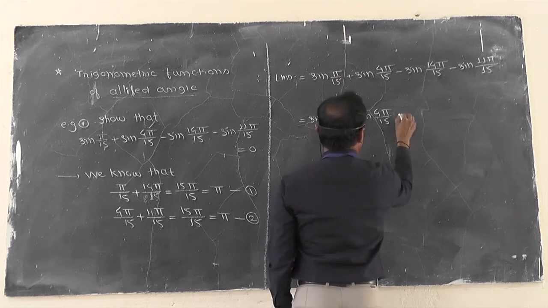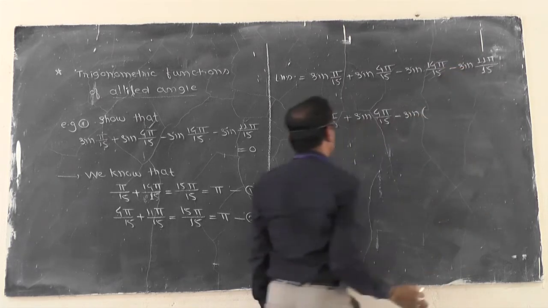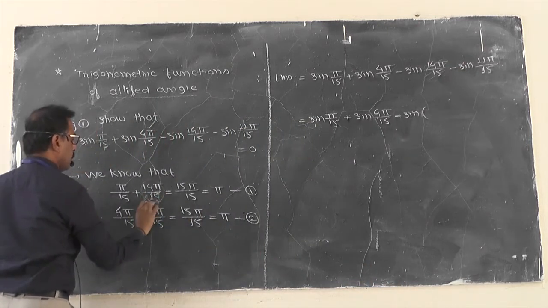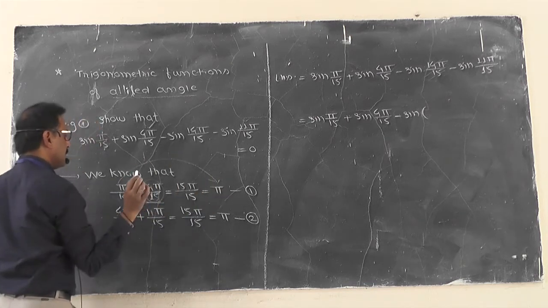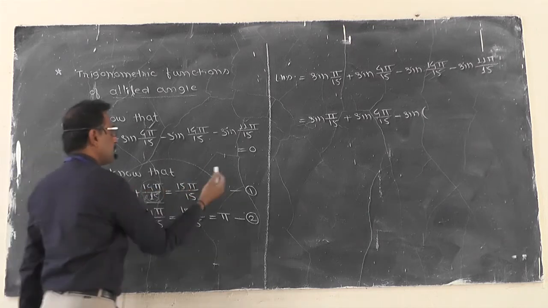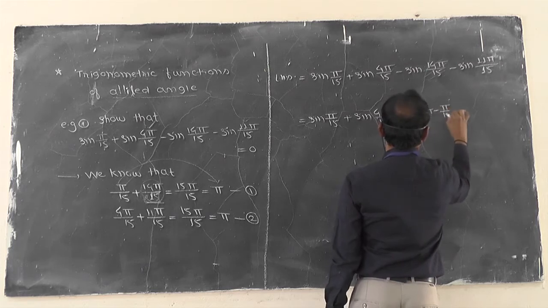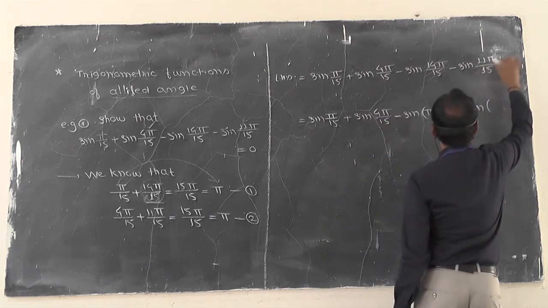Next one, it is minus sine of this 14 pi by 15. I can replace now. How this 14 pi by 15 replaced by? This pi by 15 is shifted here. So 14 pi by 15 is replaced by pi minus pi by 15.